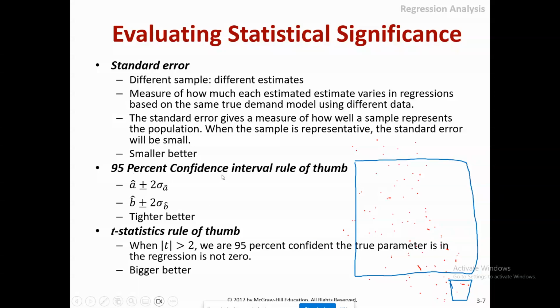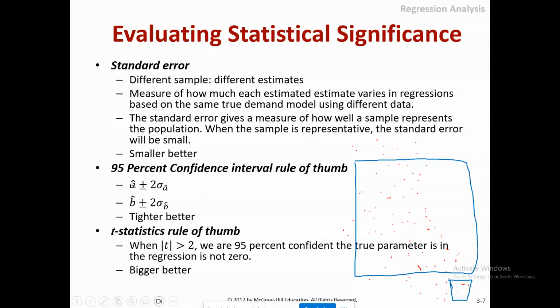Then the second one is the confidence interval. It is also measuring how well the sample represents the total population.